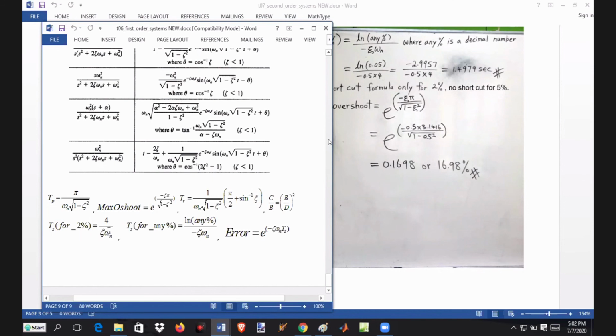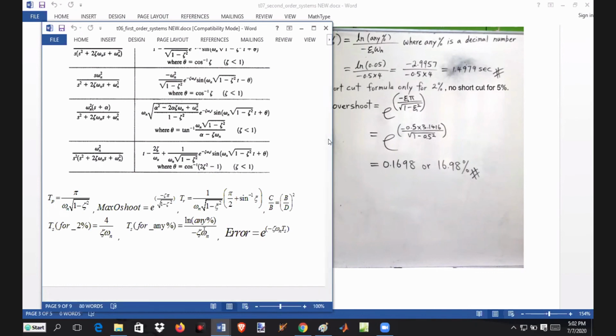Don't use 4 over zeta omega n for 5%. You can't use it for 3%. If you want to use it for 3%, the formula will be different. It works for any percent, but here we are going to use 2%.